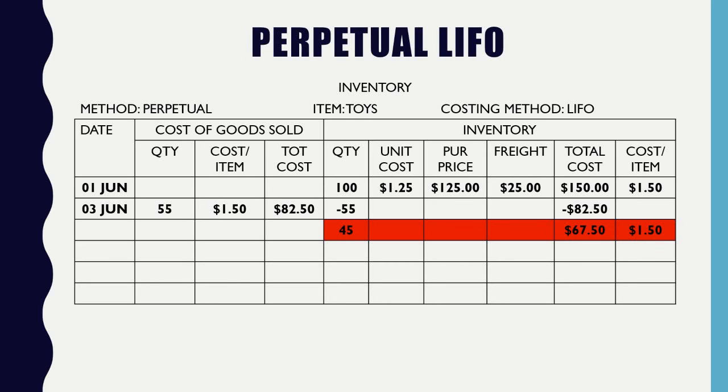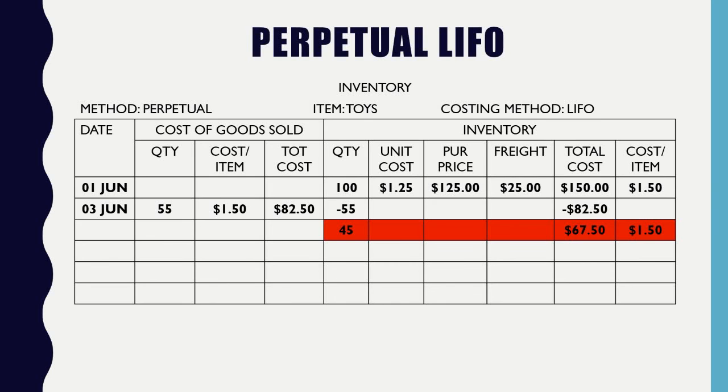So here we originally recognized that our first batch was 100 items. Now we take what we sold, and our first batch is now remaining at 45. Again, we're at our only first batch.